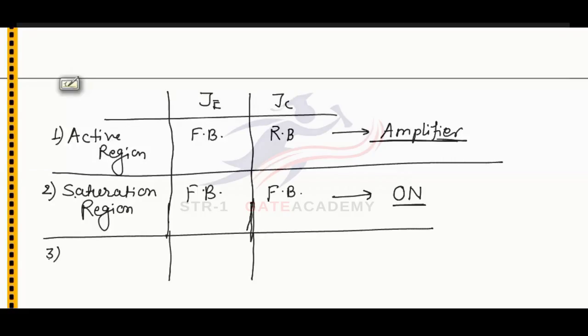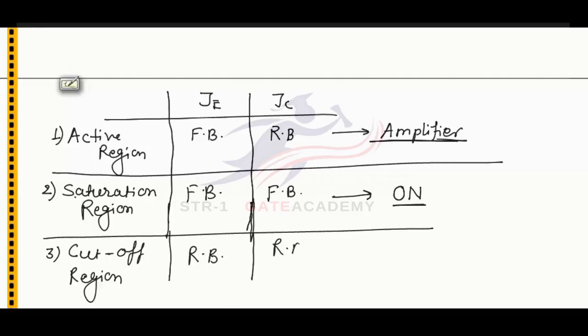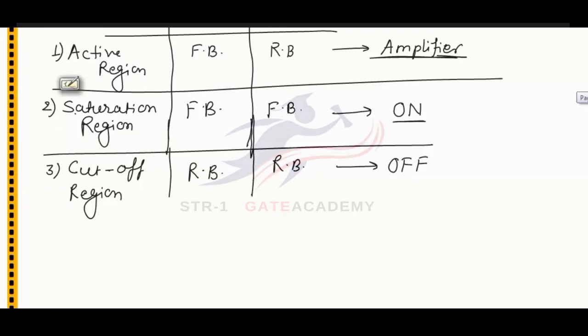Number 3, cutoff region. When both the junctions are reverse biased, BJT is said to be operated in cutoff region, and in cutoff region it behaves like an off switch when it is used in switching circuits.